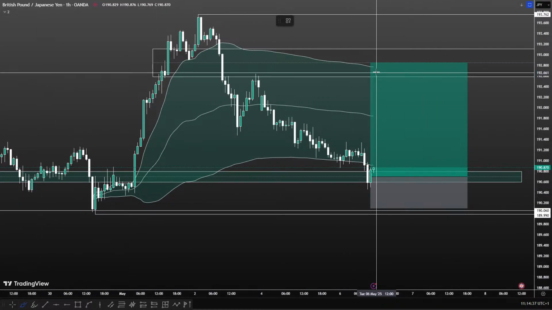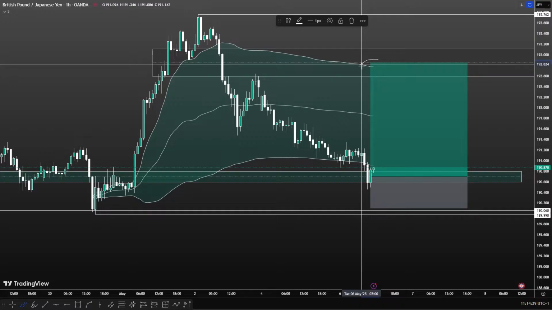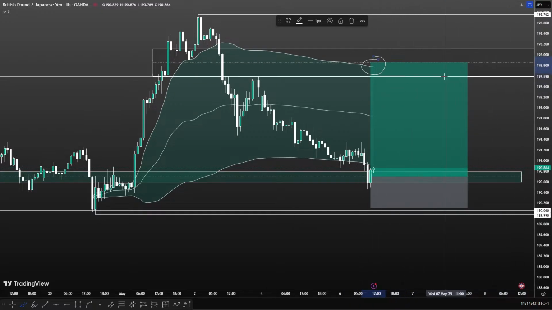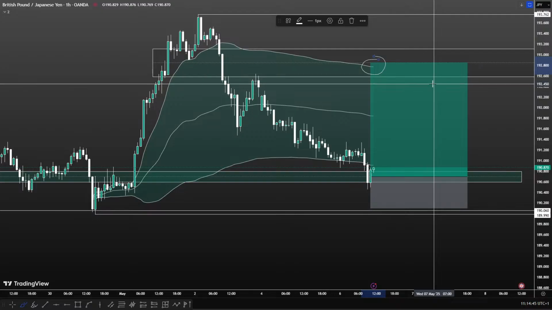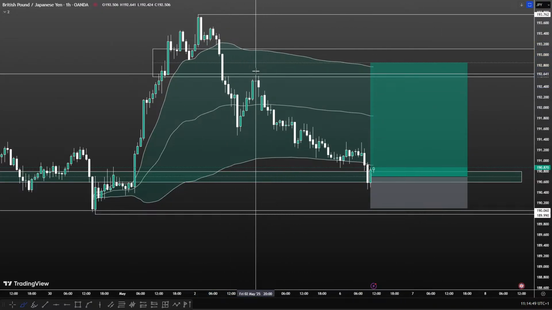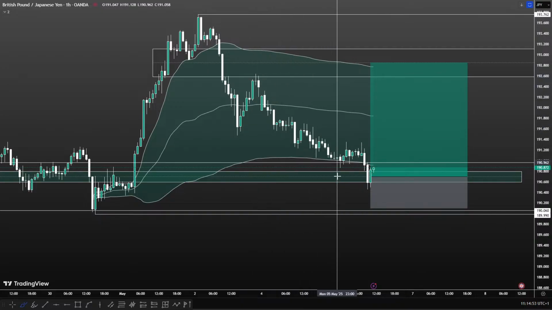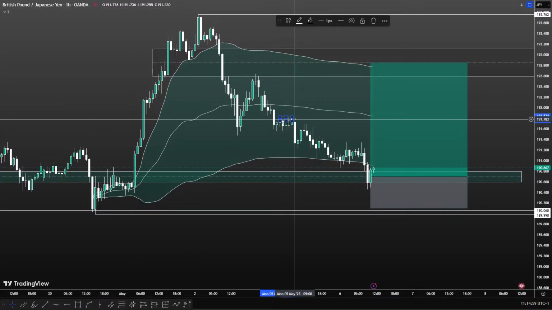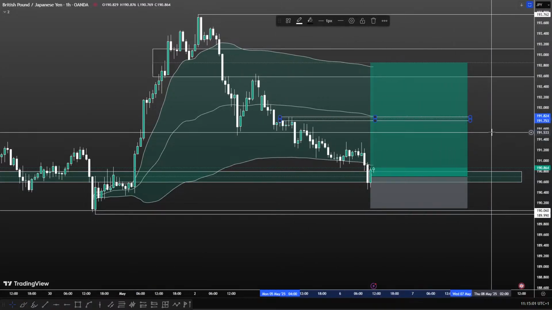I'm going to be using the VWAP as guidance. As you can see, top VWAP is in confluence with this target here, 192.800. That is this imbalance here in confluence with the high that we formed on Friday evening. In terms of additional targets, you're going to see this zone here in confluence with mid VWAP.